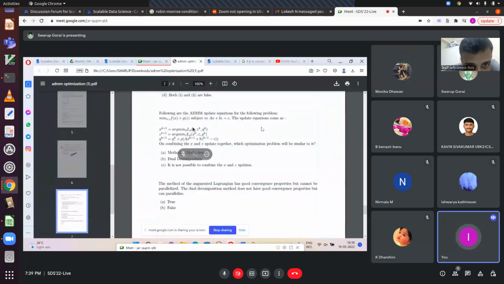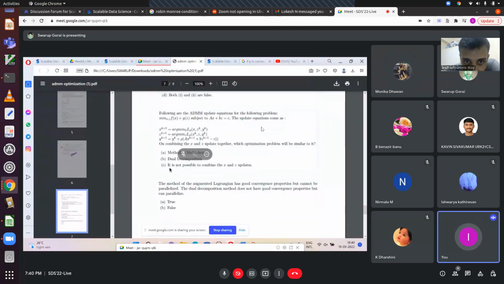Because if you have xk, zk and yk, then you can get xk plus 1 and zk plus 1 separately or together. Zk plus 1 argmin is not using xk plus 1, so it is possible to combine x and z updates together.